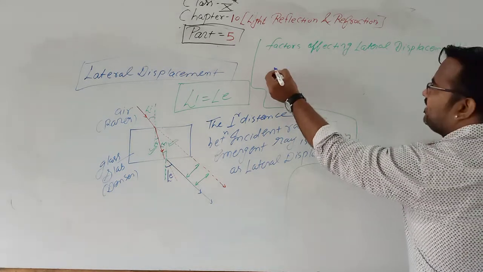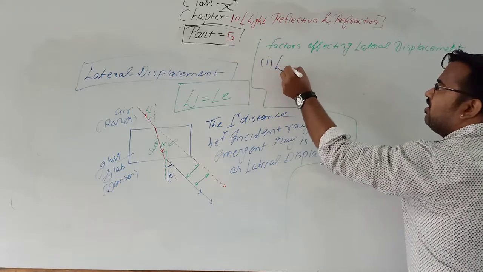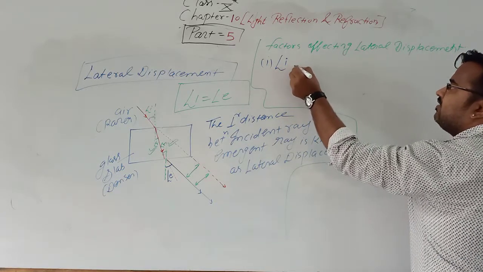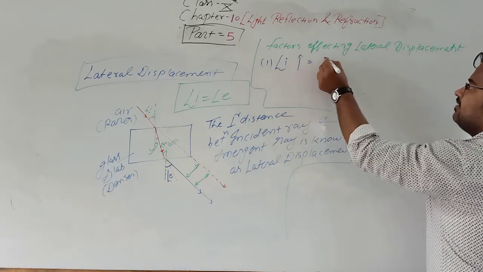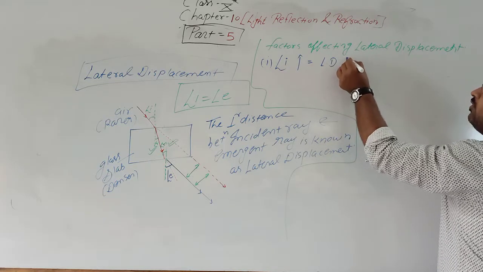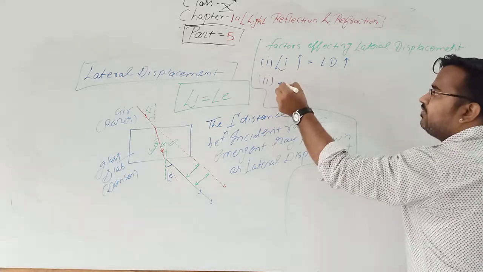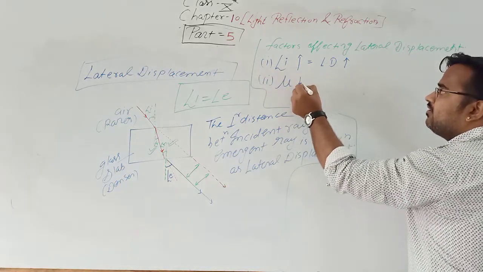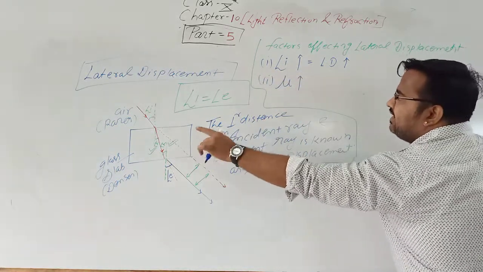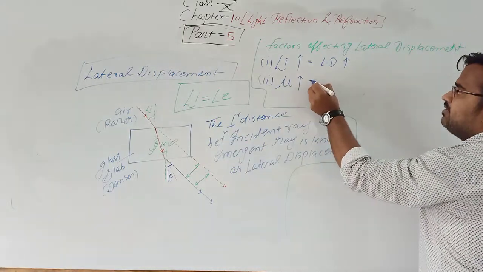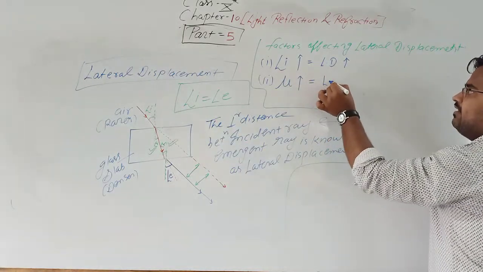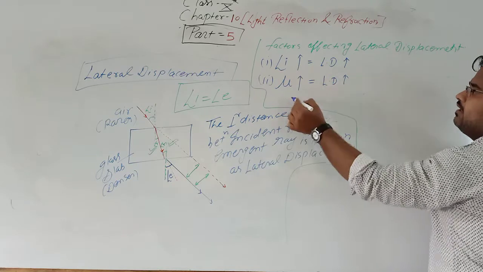So this is the first factor: if the angle of incidence is high, the lateral displacement would also be high. Second, if the refractive index of the second medium is high, then the lateral displacement is also high.